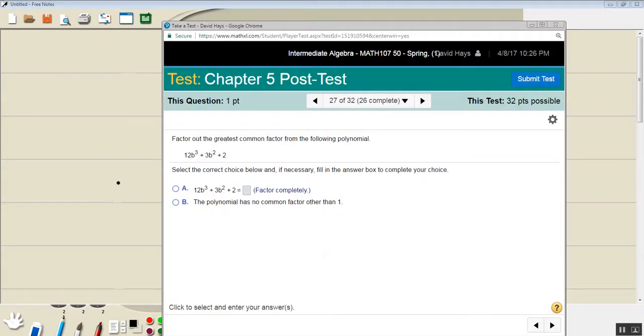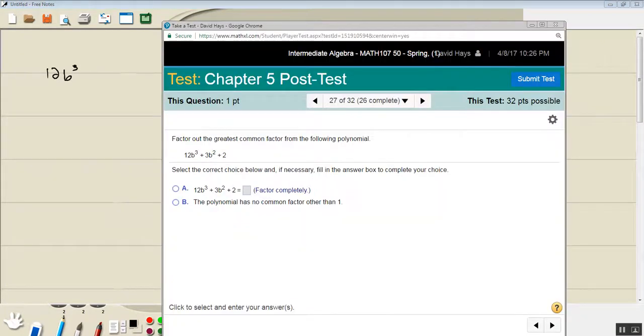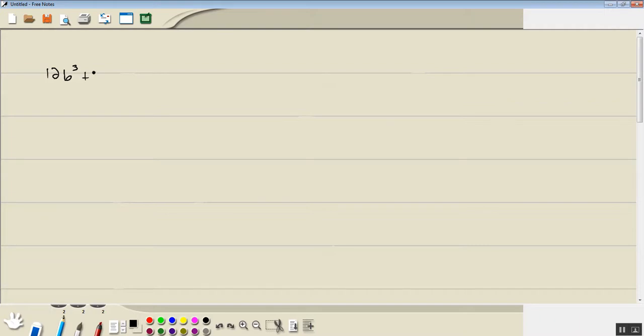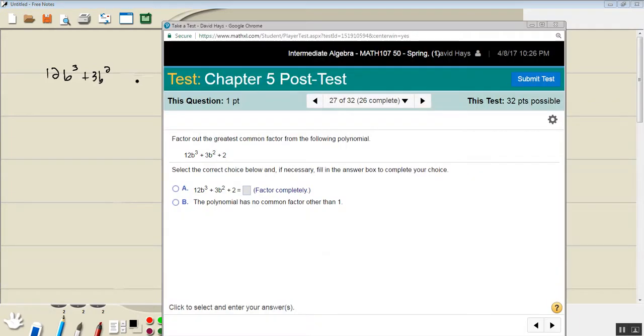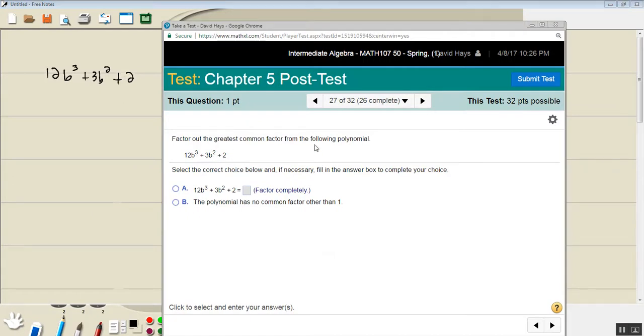So we got 12 b to the 3rd plus 3b squared plus 2. What in the world are they talking about? Factor out the greatest common factor. There's no greatest common factor. Some of them have b's. Some are divisible by 3. Some are divisible by 2.